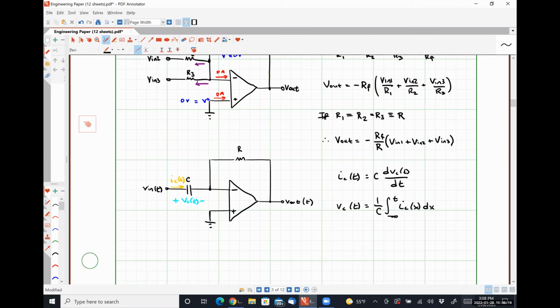Those are just two of the equations that we developed, something along the ballpark of 2 weeks ago when we were first introducing the concept of capacitors, right?